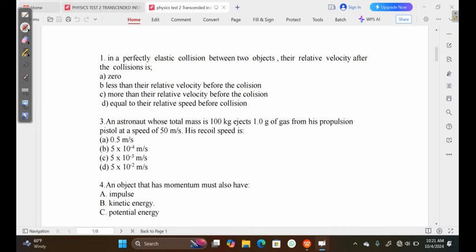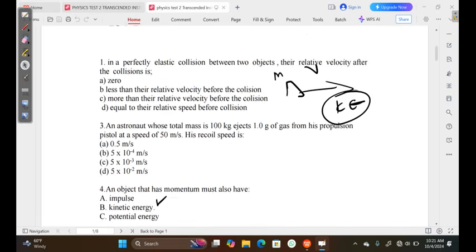So here is the object, moving in this direction. It's going to have velocity and mass. When an object is moving, we expect it to have kinetic energy. So when an object has got momentum, meaning it's moving, it also needs to have kinetic energy. That's the answer.